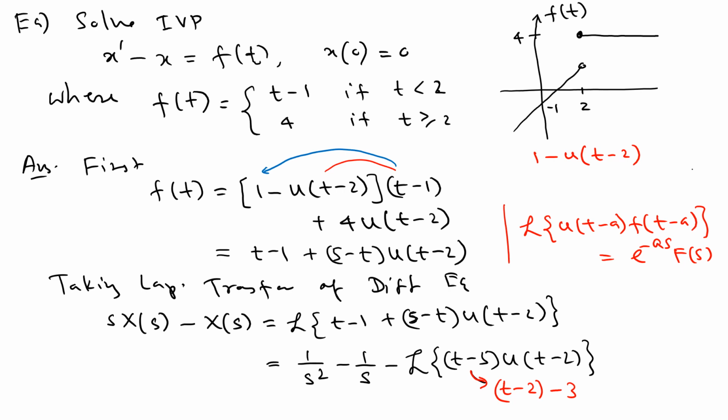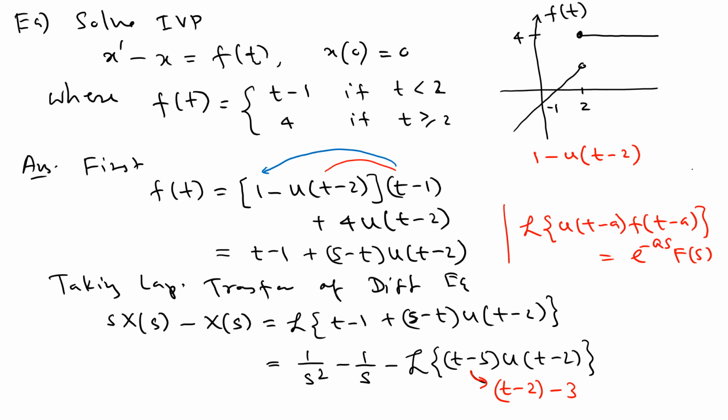So what the shifting theorem says: if you have a function like t minus a, just ignore the t minus a part, just multiply by e to the minus as and then F(s). That's it. So you can simply ignore t minus 2. The t minus 2 part you simply consider as t.